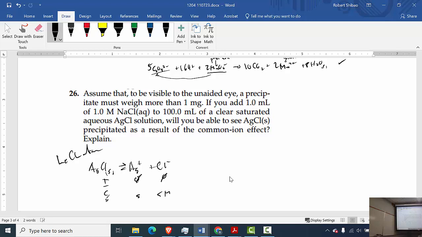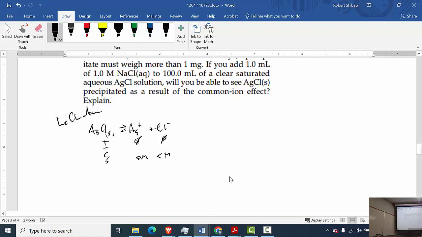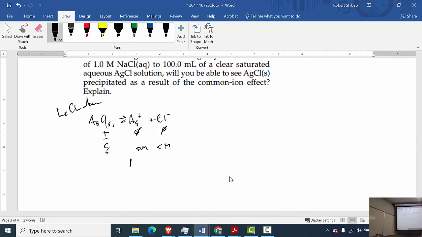It's going to be S molar and S molar at equilibrium. And then I perturb it by adding more chloride. And so if I perturb this by adding more chloride, then it's going to shift left. And so what I could do is I could just recalculate it. I'll just add some more chloride here and then shift it left by doing a minus x minus x. It's no longer an S.